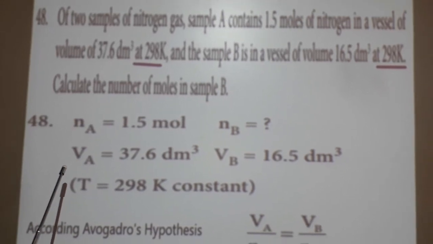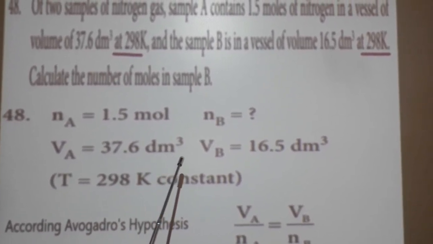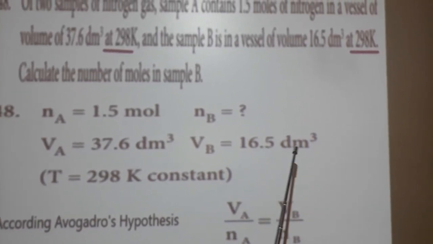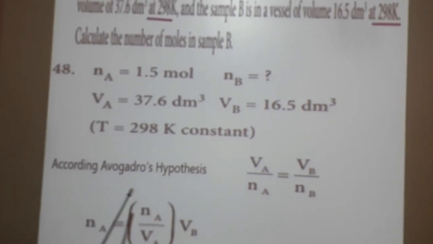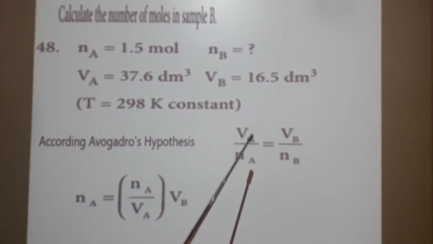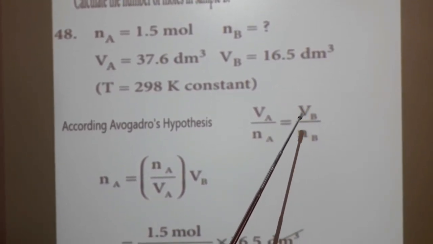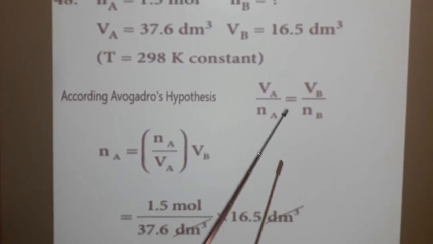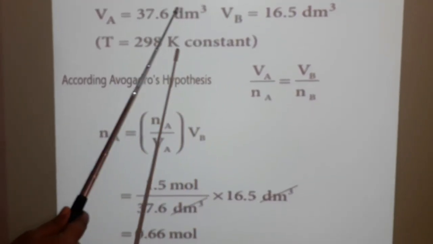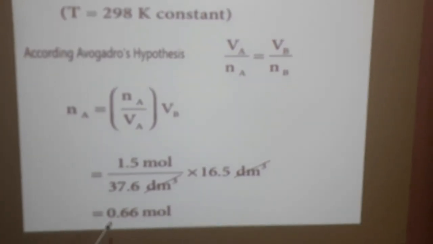The volume is 37.6 decimeter cube in sample A and 16.5 decimeter cube in sample B, and temperature is constant. According to Avogadro's hypothesis, the relationship between volume and number of moles is VA by NA is equal to VB by NB. Substituting the values, we get the NB value 0.66 mole.